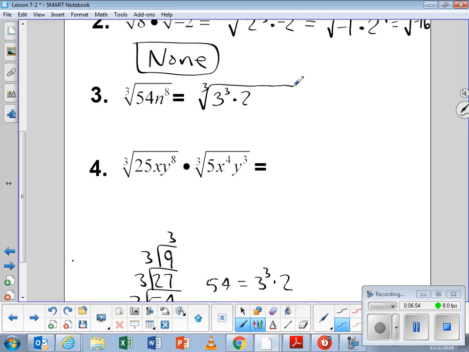And I need to break them up into groups of 3. So that gives me n cubed times n cubed. How many is that? 6 times n to the what? To the second. Because I need how many altogether? 8. And now, if I break it down like this, it's easier. What's the cube root of 3 cubed? 3.